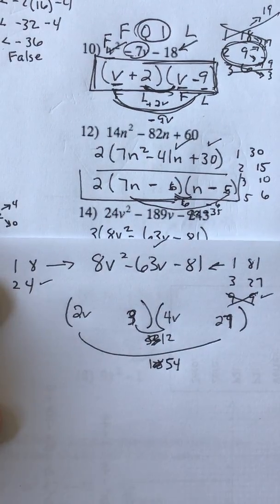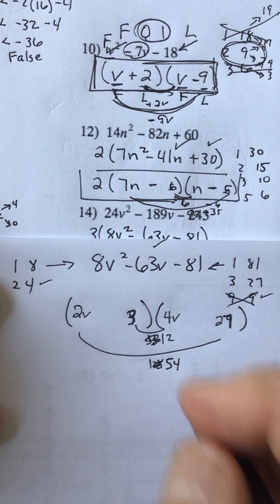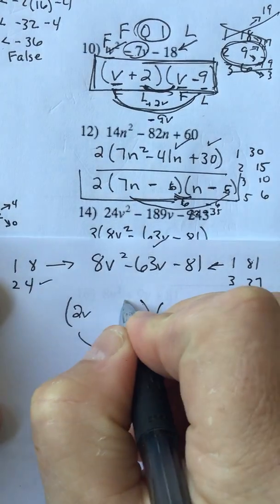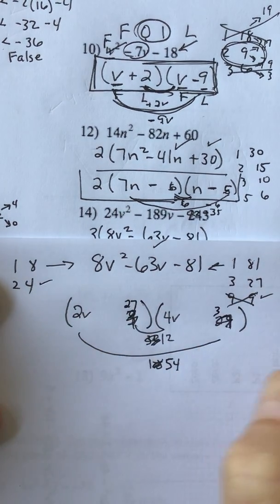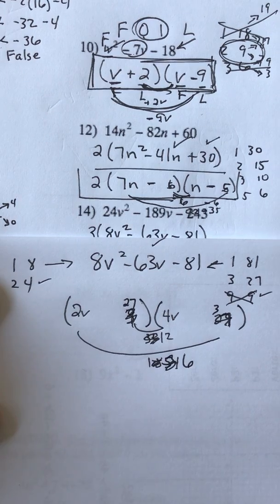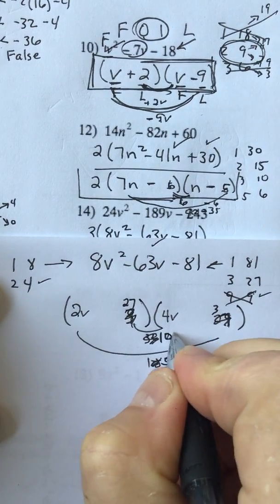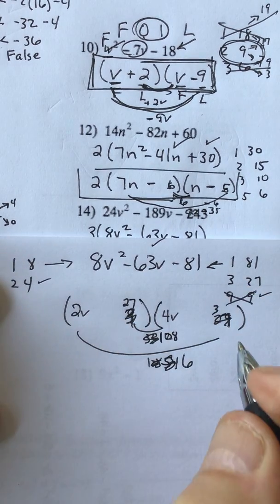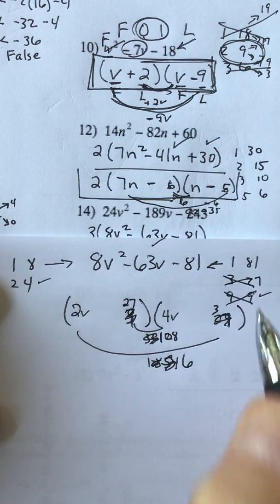Is 54 and 12 63? No, it's 66. So before I throw that one out, let me switch this order around. 27 and 3. Now 2 and 3 is 6 on the outside. 27 times 4 is 108 on the inside. That's never going to make 63. So that one doesn't work either.